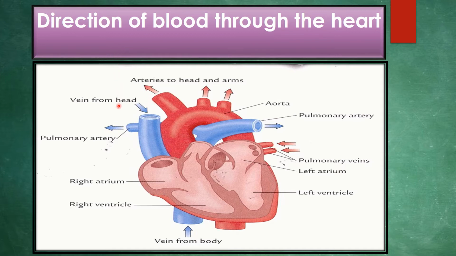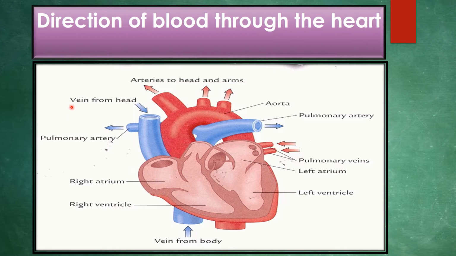Firstly, all the blood comes from two major veins. One vein comes from the head and carries all the deoxygenated blood from the head, and another vein from the body carries all the deoxygenated blood from all the body systems.